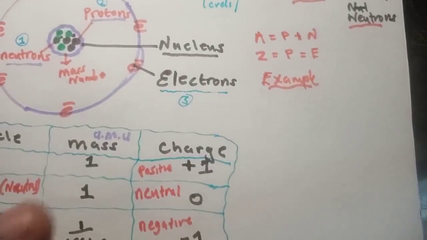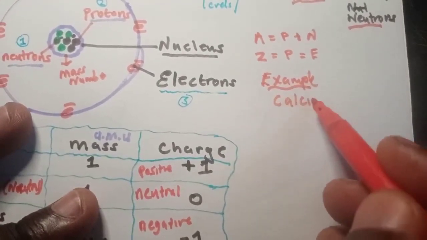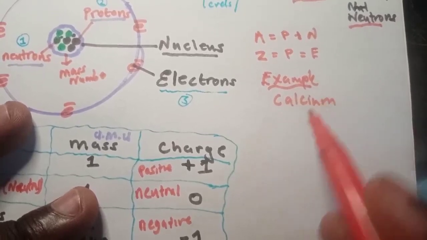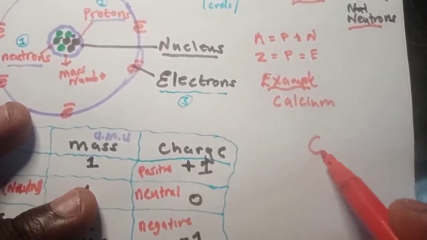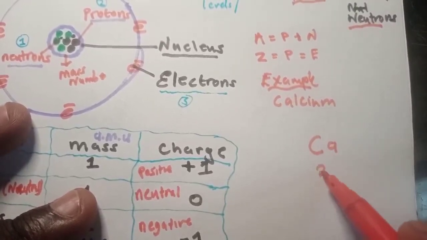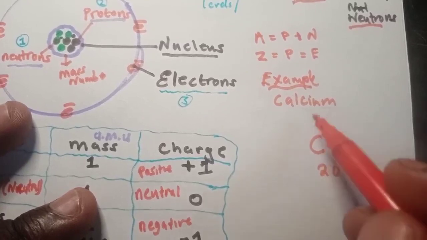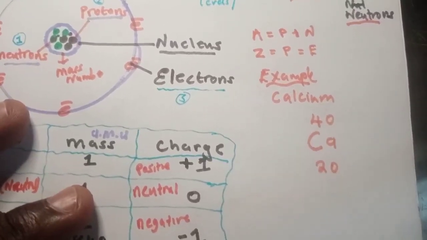So when you go on the periodic table, let's say you're looking at calcium, which is a group 2 alkaline earth metal. You're going to find calcium written like this on the periodic table with a 20 down and a 40 on top. So that is how calcium is.